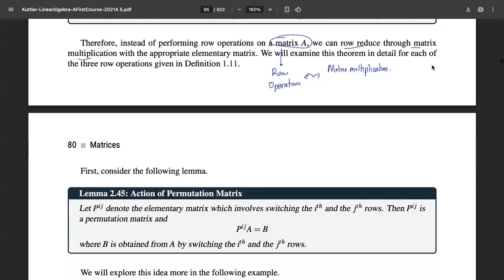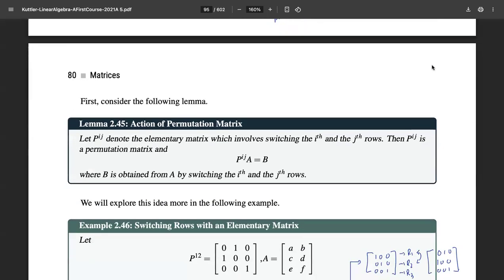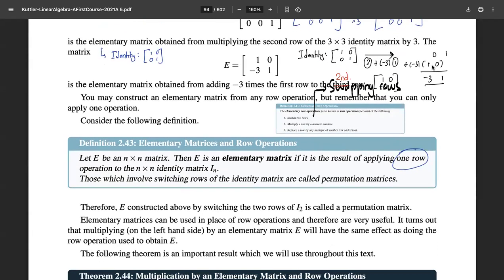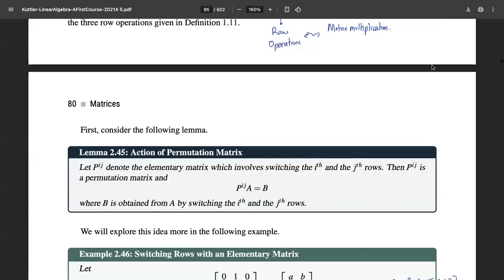Okay, so let's look at each case individually. Now we are looking at swapping rows. Again, elementary matrices which involve swapping rows are called permutation matrices.